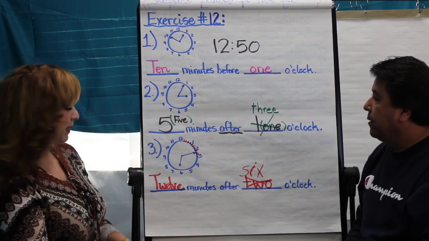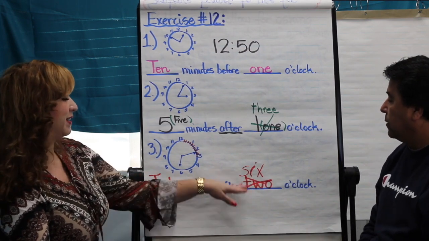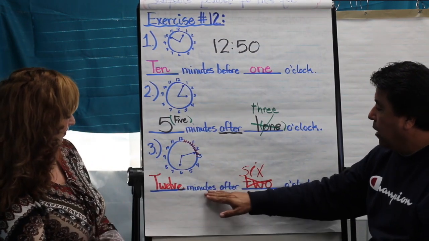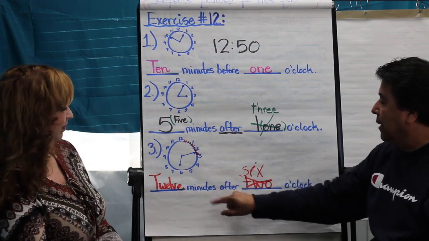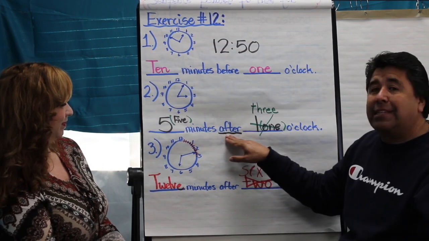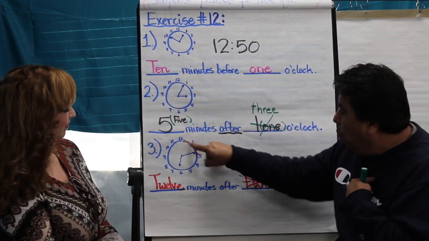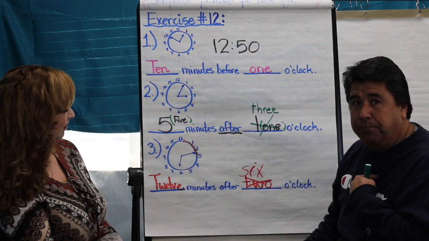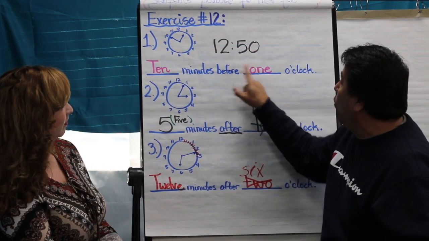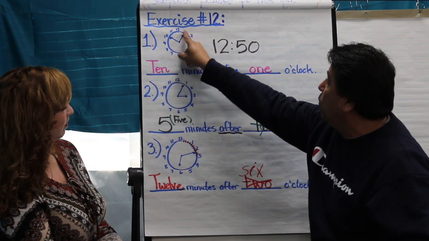So what time is it? It is 12 minutes after 6 o'clock. Right. And so here's the pattern. What's important about this is the patterns that I'm using, okay? Because this is telling me what's happening here. In this case, it's before 1 o'clock. See? This is 1 o'clock.